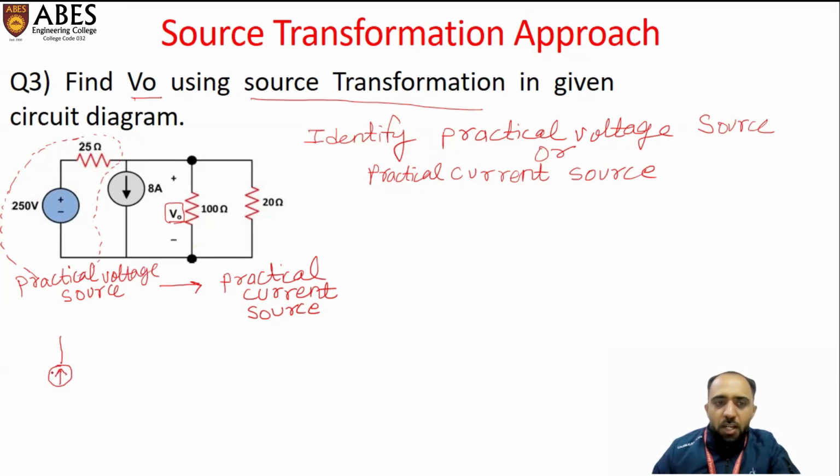The arrow will be in the upward direction because it is plus minus. We need to take care of that also. Now I am marking the resistance. The rest of the circuit will remain the same. Check the rest of the circuit. The rest is 8 ampere.